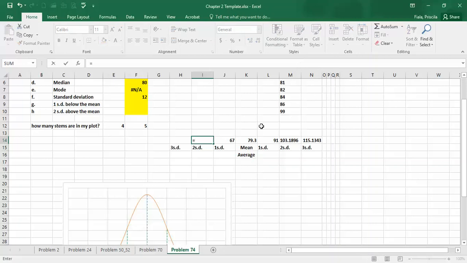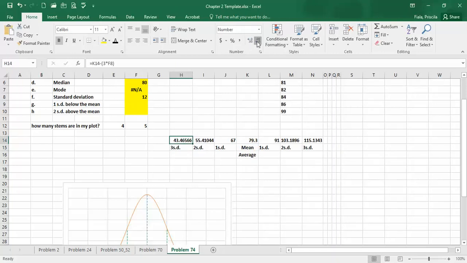Then right here, we're going to do 79, which is my mean, my average, minus 2 times my standard deviation. And then over here, we're going to do equals my average, my mean, minus 3 times my standard deviation.